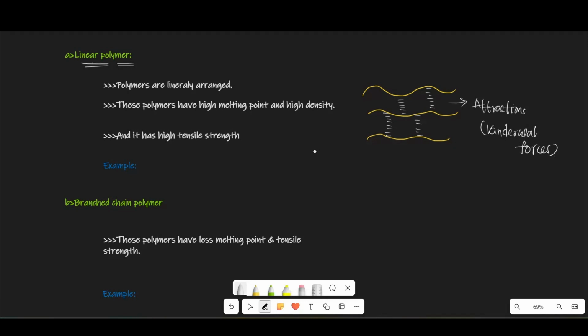It has high tensile strength also. Now let's see one example. One example for linear polymer is high density polyethylene. You can remember it like this: linear polymers have high density and high melting point.